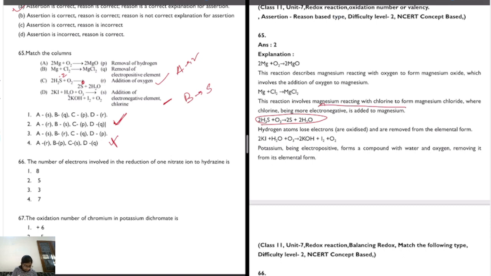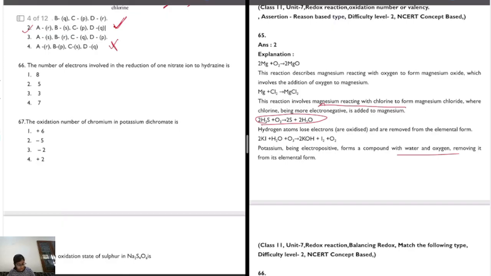That is, they are getting oxidized because oxygen is added to hydrogen. So obviously they'll be oxidized. So therefore, C will match with P. That is removal of hydrogen. And B will match with Q because K in this, potassium, is an electropositive element which will form compound with water and oxygen. Its elemental form will no more be elemental. Therefore, this is the correct option.